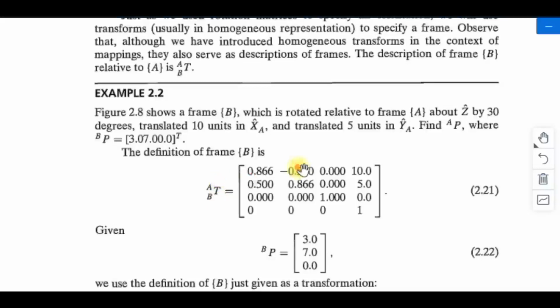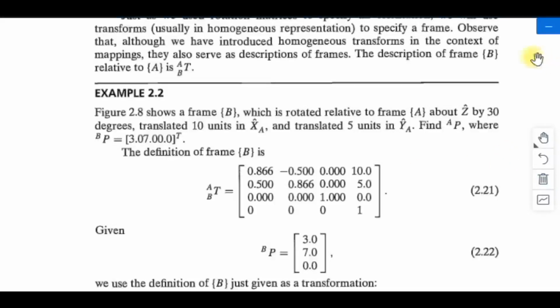This is A R B. So A R B, this is the translation portion, this is the transformation, and this is 1.